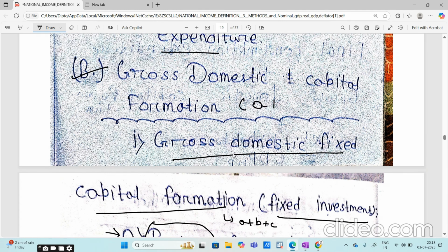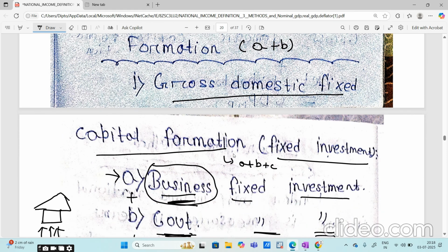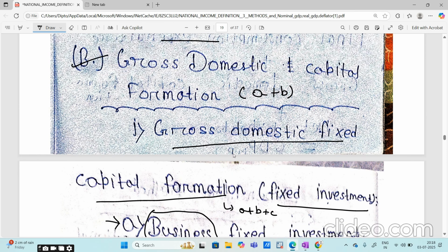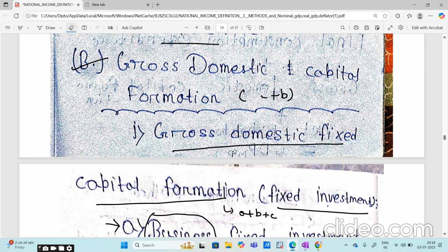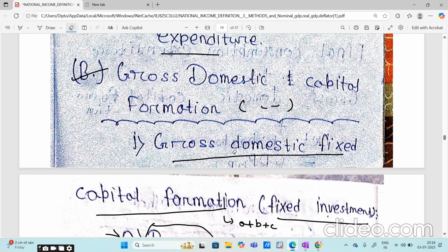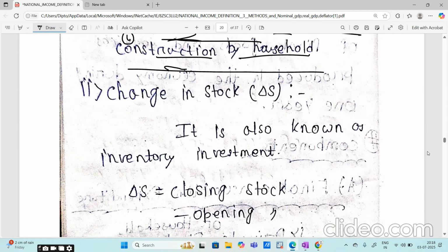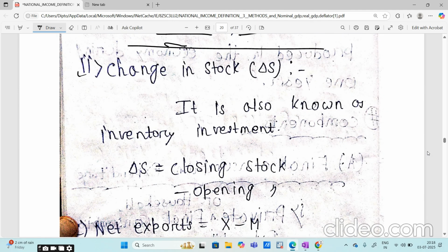For that I have to add 1 plus 2. Now 1 is known to us. Which one is 2? Let me clear which one is 2. Change in stock.